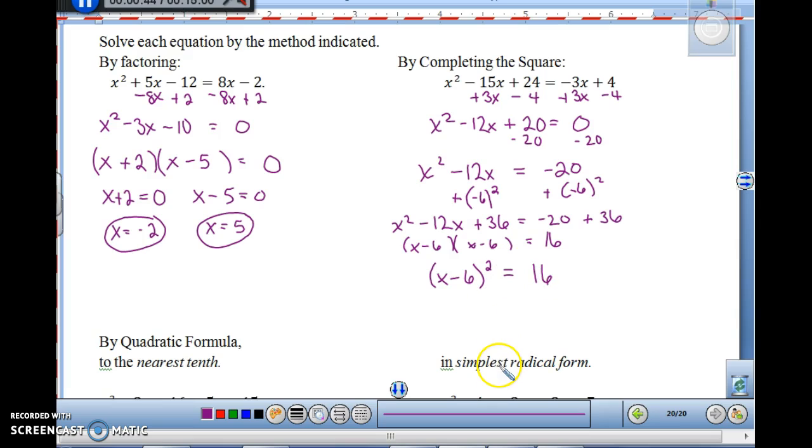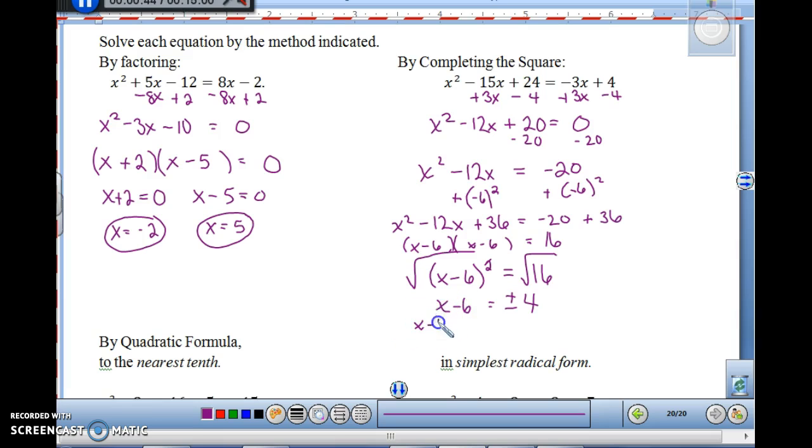Okay, now once we've got it to this point, if we want to solve it for x, all we have to do is take the square root of both sides. So take the square root of this and the square root of this. Remember, the square root will cancel out the square. These cancel each other out, leaving just x minus 6. But how many square roots does this have? It has 2. It has positive and negative, plus or minus 4. So I have two equations.